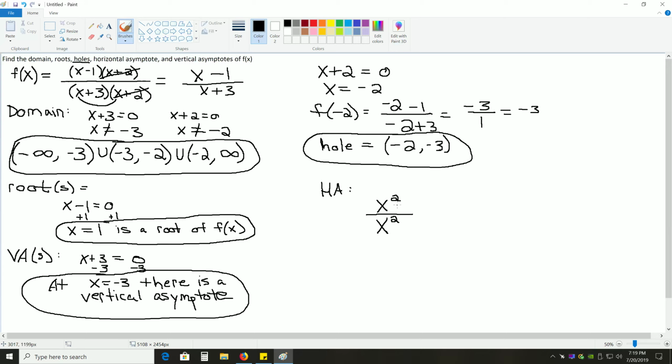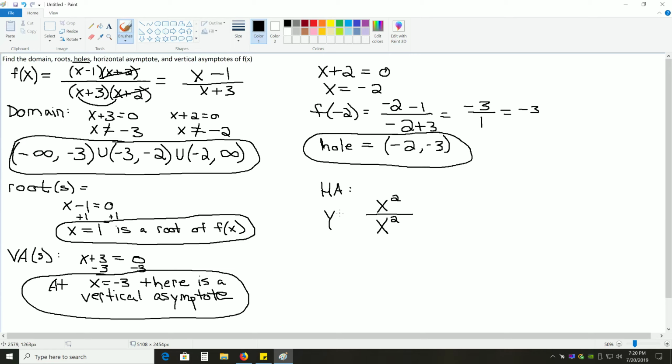The second possibility is that the numerator's exponent will be greater than the denominator's by 1. And if that were the case, we would have to use long division or synthetic division to find the result. It would give us a slant asymptote. But again, that's not the case. The last case is that if the exponents are equal, notice in this case they both have an exponent of 2, then our rule says we just divide them.